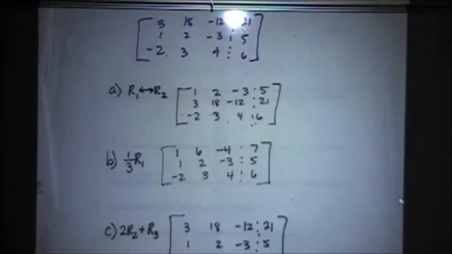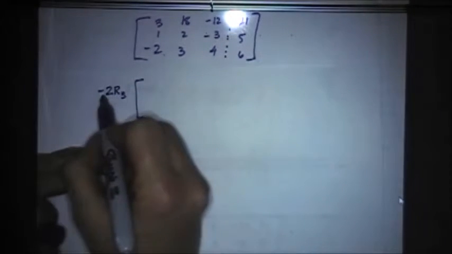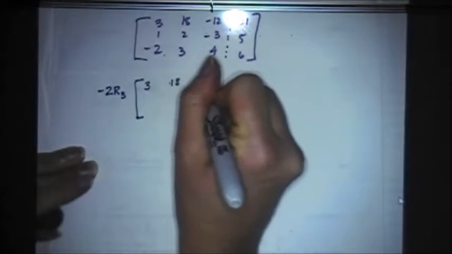The second row operation that we talked about was multiplying any row by a non-zero number. So the way that would look would be like -2 R3. Now when I see something like that, I'm multiplying row 3 by -2 and I am replacing row 3. So my first 2 rows, nothing is happening to those 2.